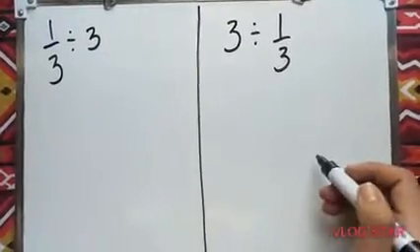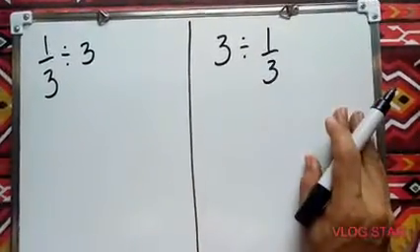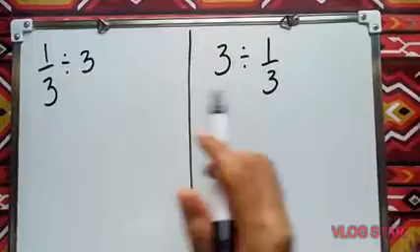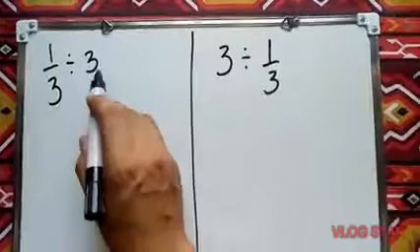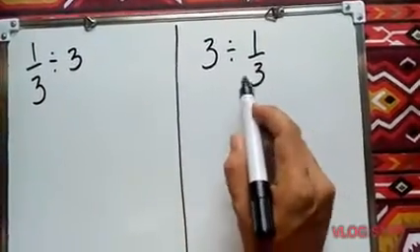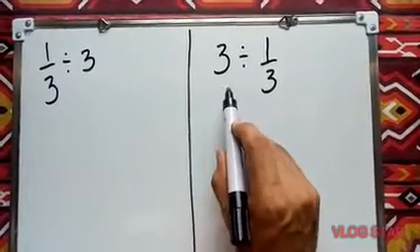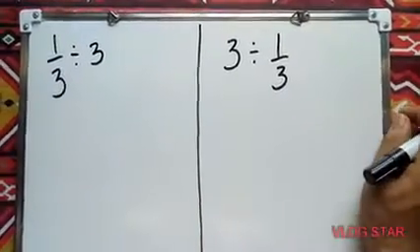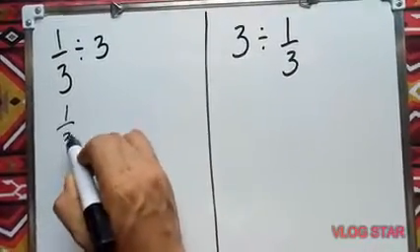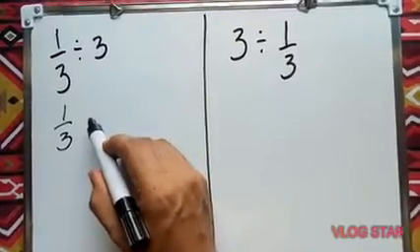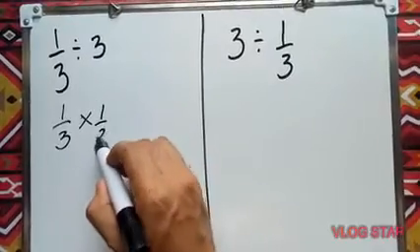So these are our next examples. 1/3 divided by 3 and 3 divided by 1/3. So they are different. Because in 1/3 divided by 3, 1/3 will be divided into 3. And in 3 divided by 1/3, 3 will be divided into 1/3 in each part. So let's solve. 1/3 divided by 3, get the reciprocal of 3, and that would be 1/3.